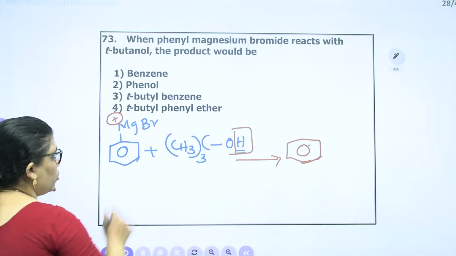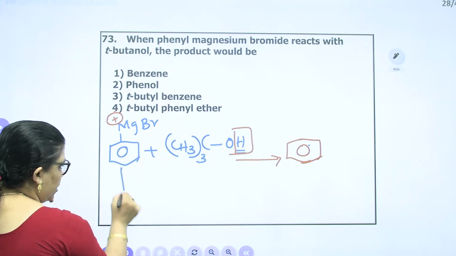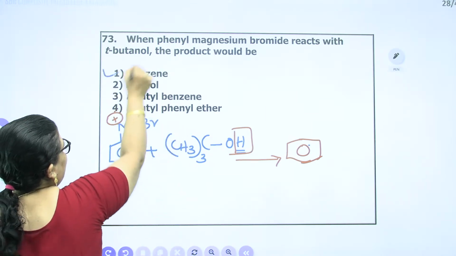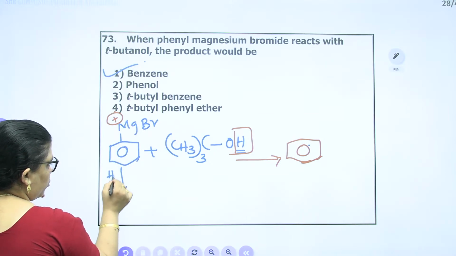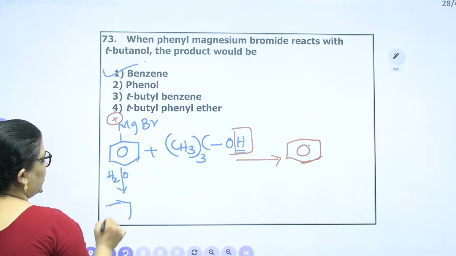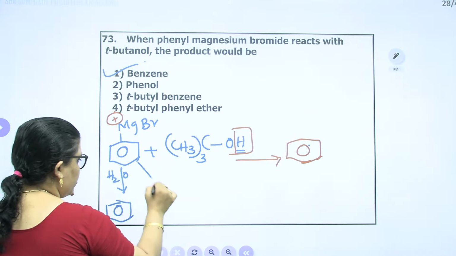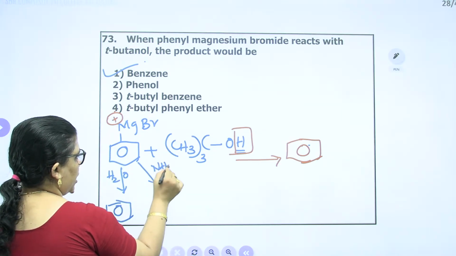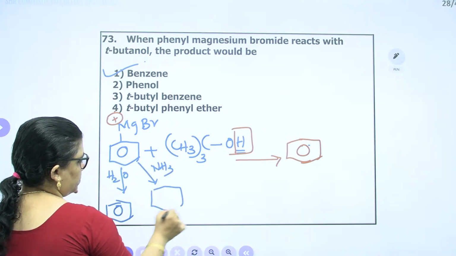Any molecule like phenyl magnesium bromide, the correct answer is the first one. With water also it can produce benzene. Even with ammonia also it can produce benzene.